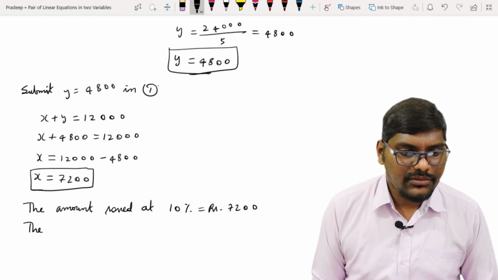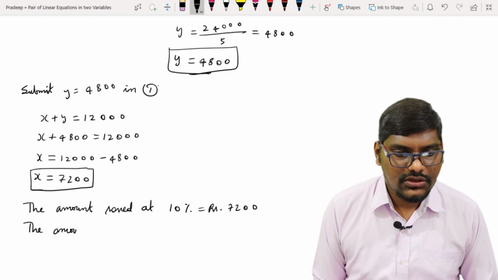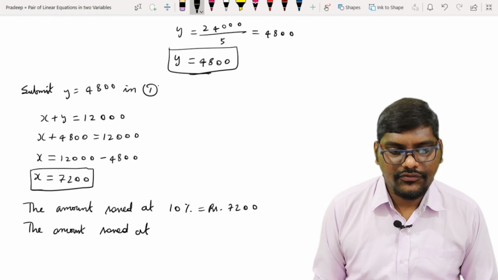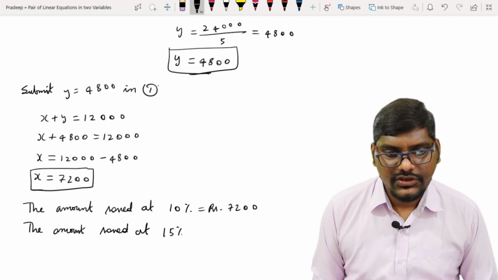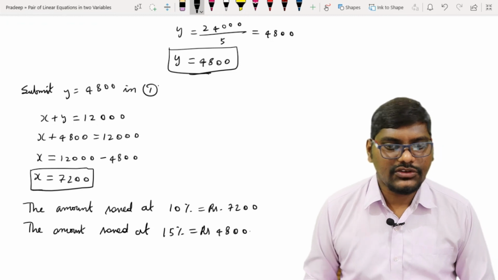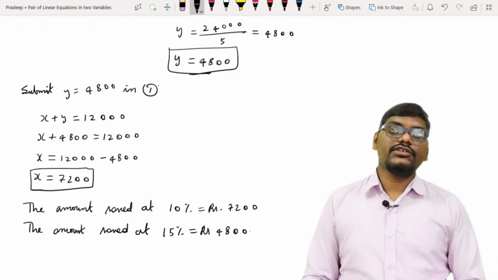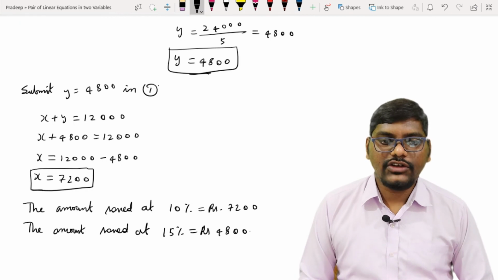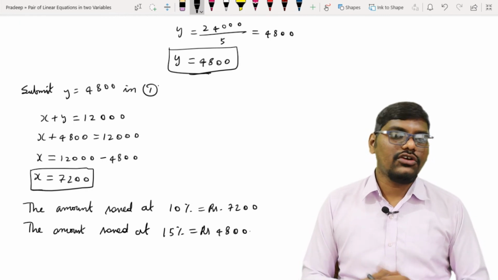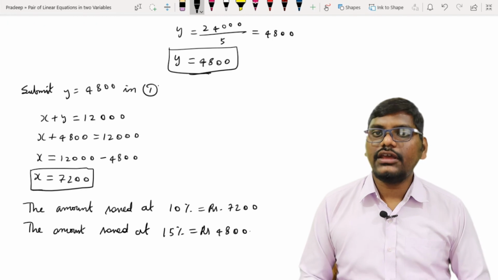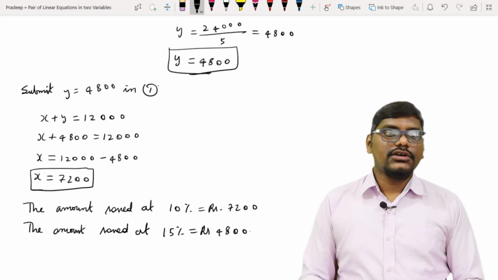And the amount saved at 15% is how much? That is rupees 4800. So these are the values which we got: for 10% it is 7200 and for 15% we are getting 4800.